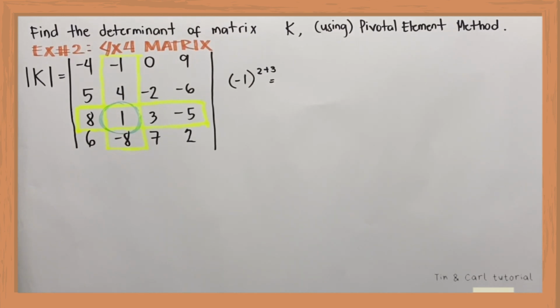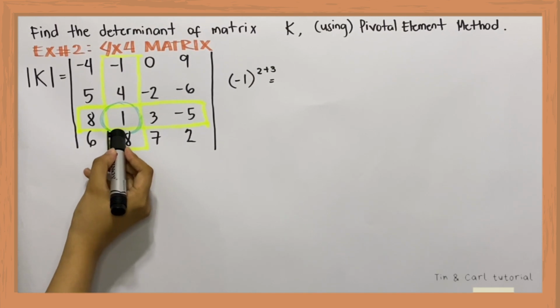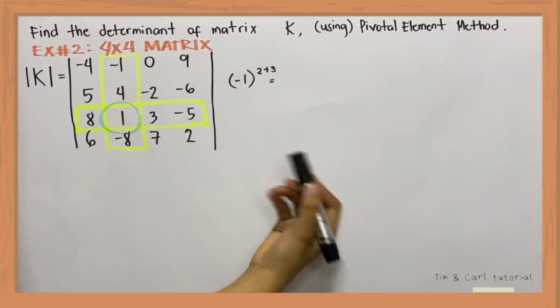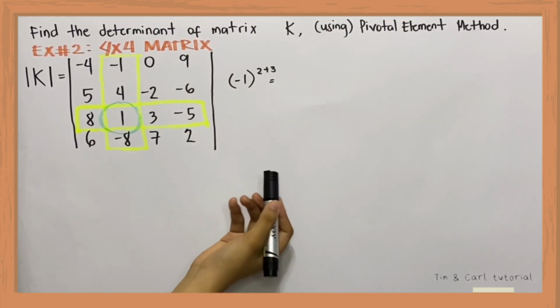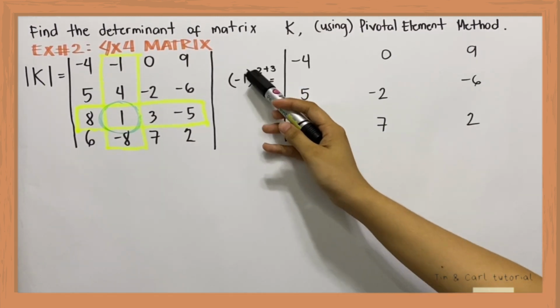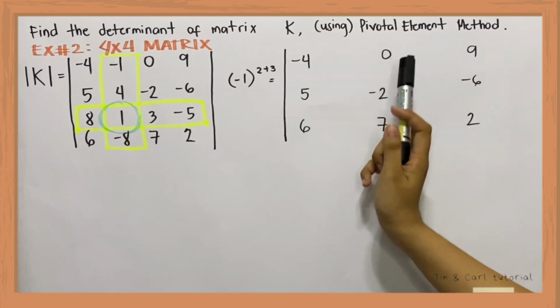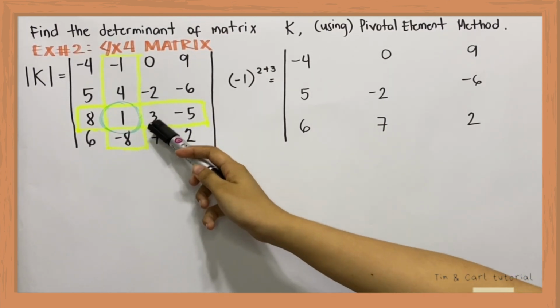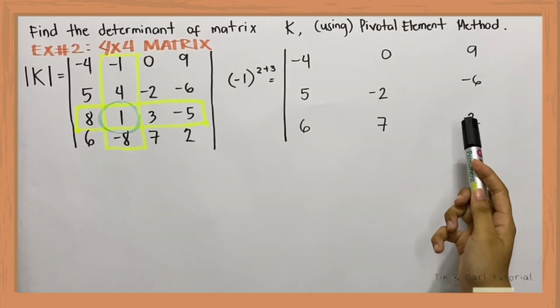Okay? Then right after that, from a 4x4 matrix, it becomes just a 3x3 once we have written it. So, as we can see here, negative 1 raised to 2 plus 3. Then from a 4x4 matrix, it became a 3x3 matrix.